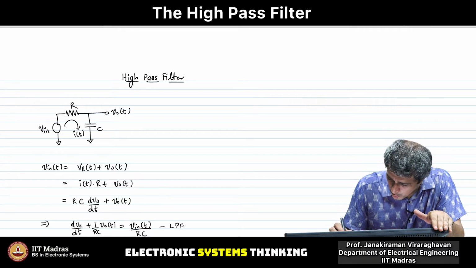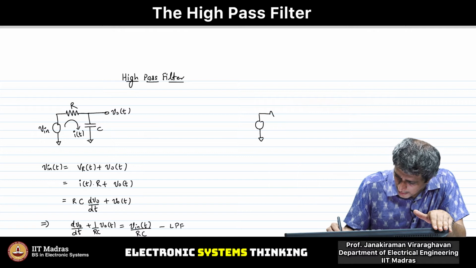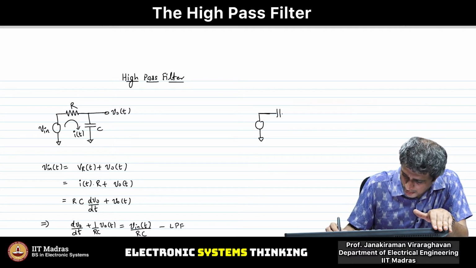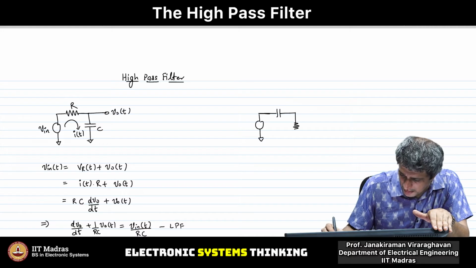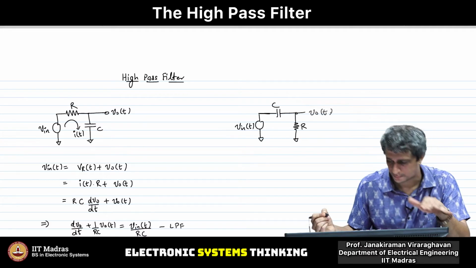The high pass filter is the opposite. You first get the capacitor and then you get the resistor, V in of t, R and C, and this is my V out of t.